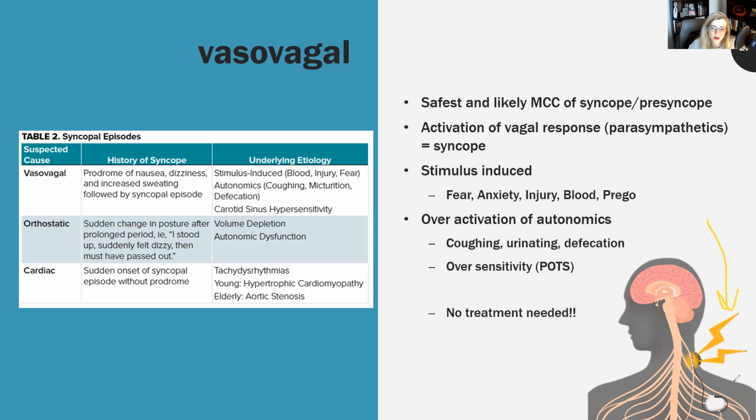You can see that this looks like a pacemaker, but the wire is wrapped around the vagus nerve, and it stimulates the vagus nerve to prevent further syncopization. So know that vagal nerve stimulators exist, and I'm not going to go more into those.